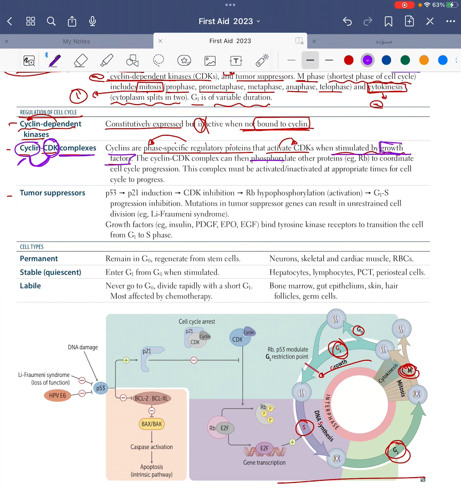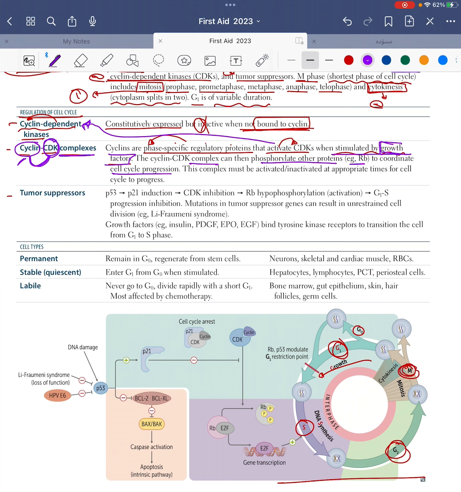They also activate one of their parts, that is the cyclin-dependent kinases, but that happens only if they're stimulated by growth factors. After they are stimulated by the growth factor, these complexes do phosphorylate other proteins, just like the RB protein, the retinoblastoma protein, to coordinate cell cycle progression.